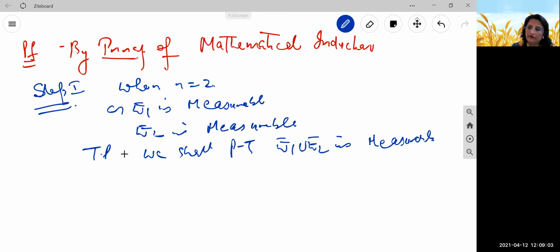Right? So we have already done in the previous theorem that E1 union E2 is measurable.